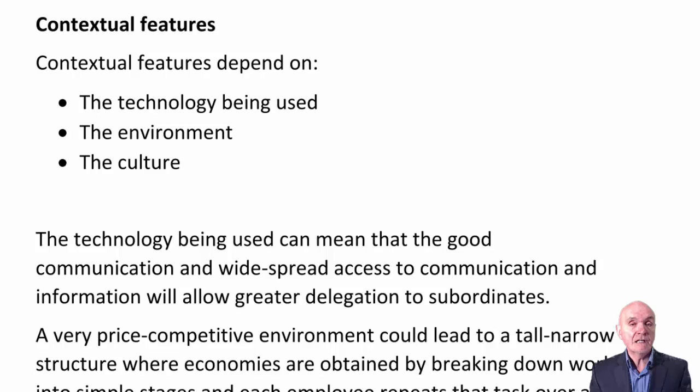And one of the ways which you can get to be quite cost efficient is perhaps to go for a tall narrow structure. Not the structure where maybe the span of control in the middle is very narrow, but further down you want to have a kind of mass production.